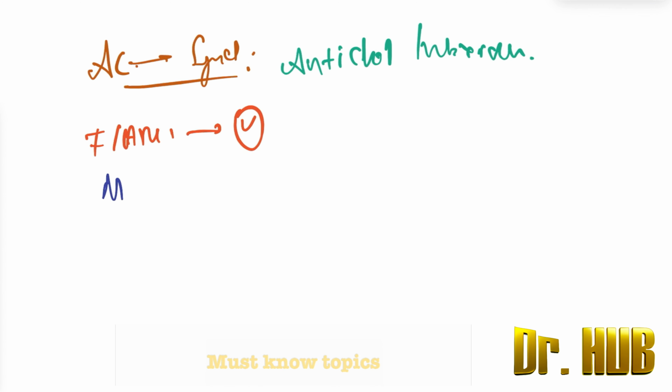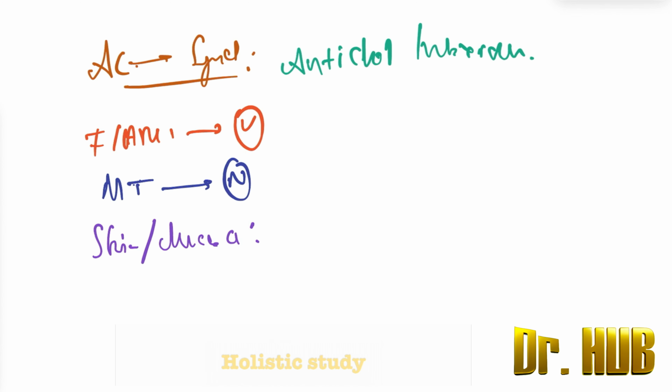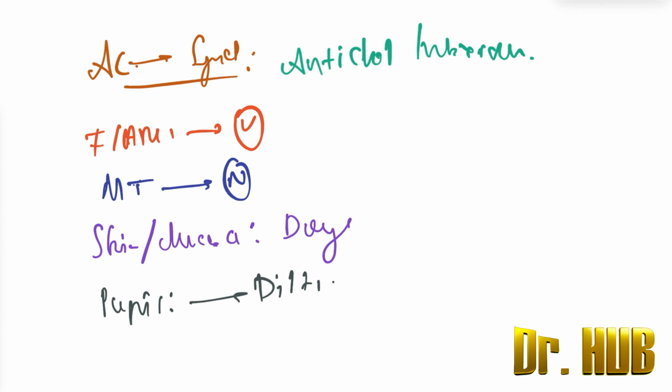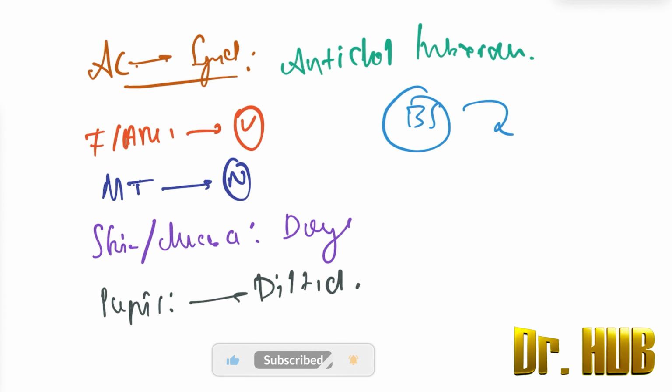The muscle tone here is normal, whereas in serotonin syndrome and neuroleptic malignant syndrome the muscle tone was rigid. The skin and the mucosa are dry here. The pupils are dilated, similar to serotonin syndrome.